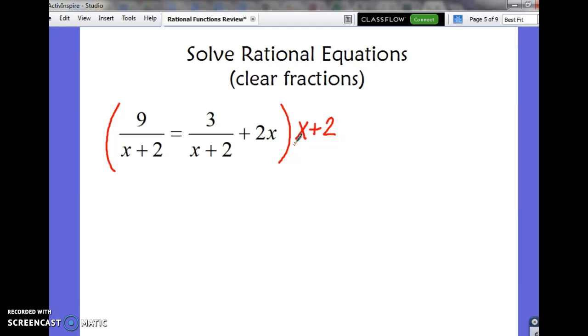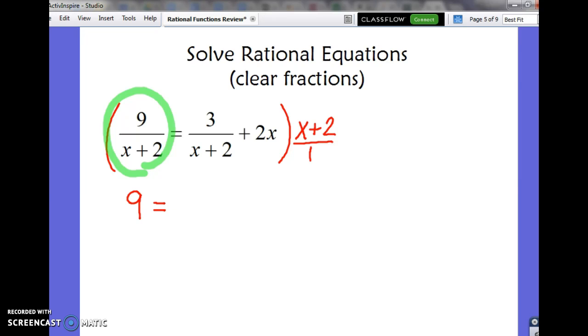Now some people like to see that over 1 to help them see that that x plus 2 on top will reduce away any x plus 2 that's in the denominator. So when you multiply this first fraction by that stuff outside, the x plus 2 in the denominator cancels out the x plus 2 in the numerator, so you're just left with 9 over 1, or 9.